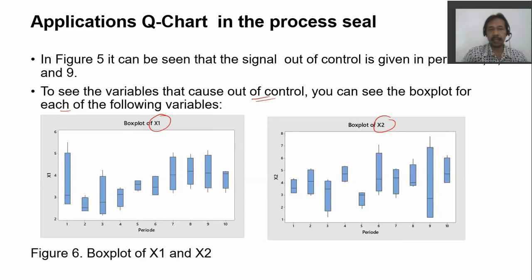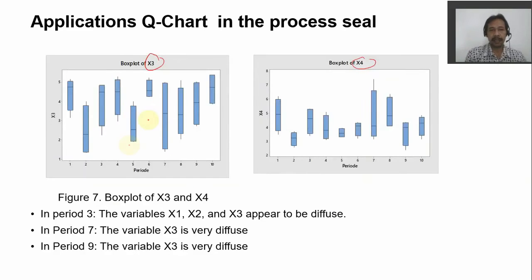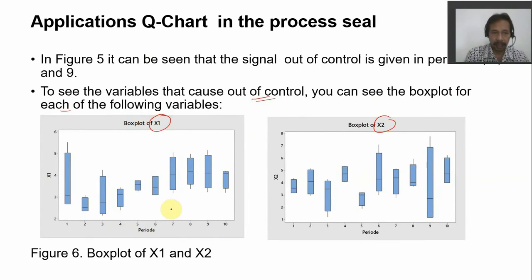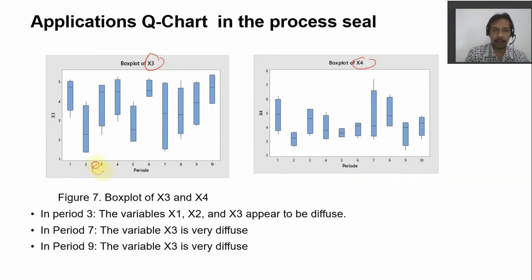We can see here in period 3: period 3 for x1, period 3 for x2, period 3 for x3, and period 3 for x4. The variables x1, x2, and x3 appear to be diffuse.